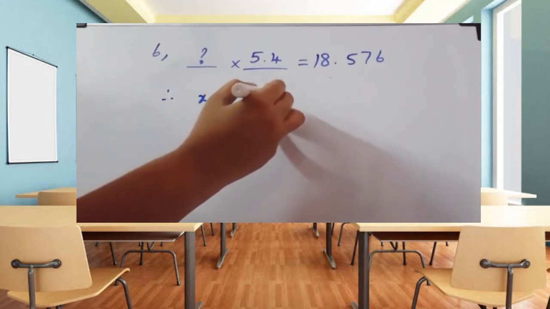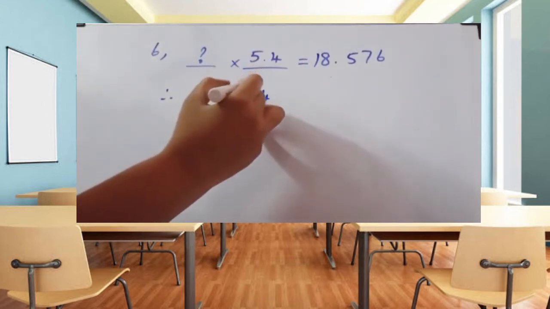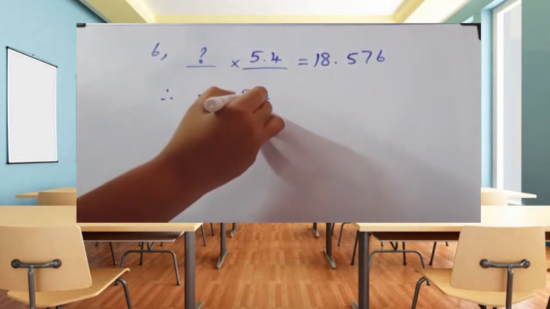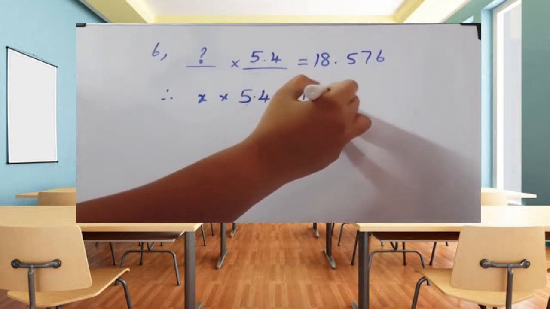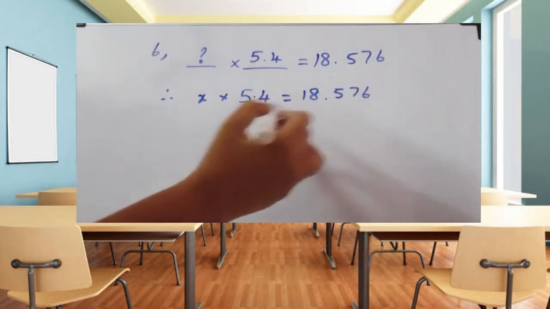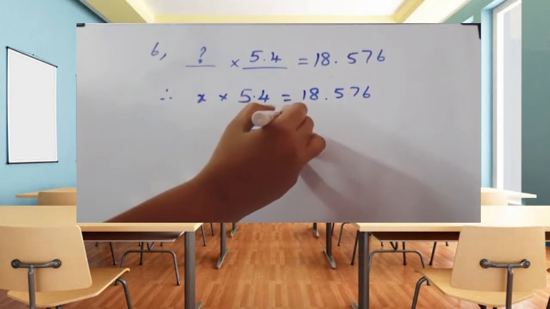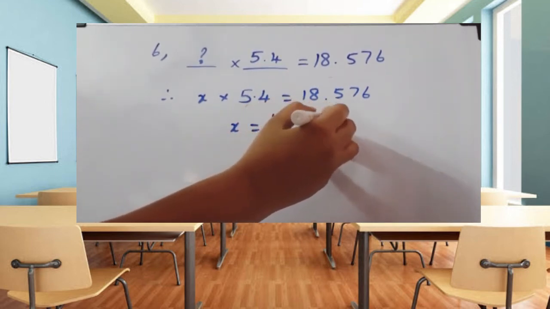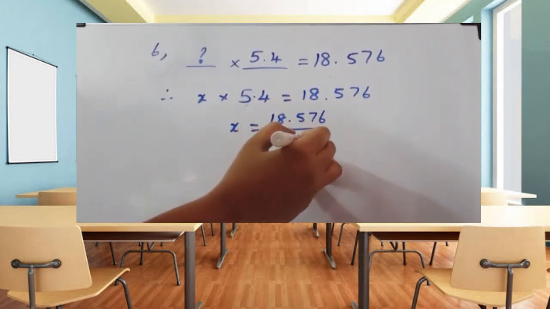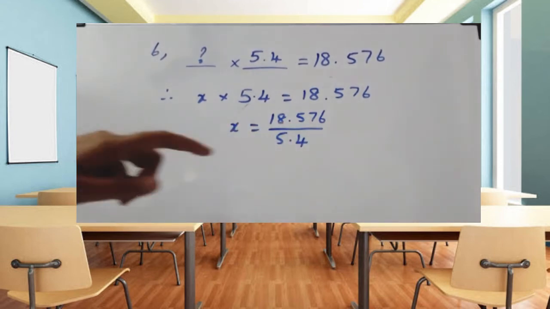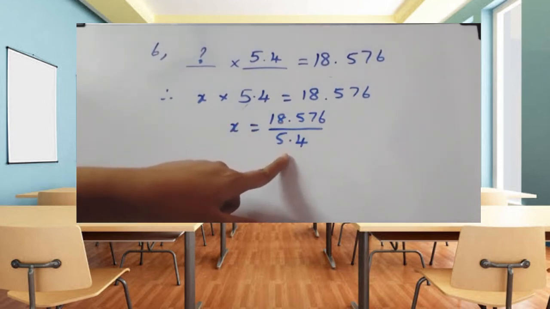Therefore x into 5.4 is equal to 18.576. So x is equal to 18.576 divided by 5.4. Since we have decimals in the denominator, we need to multiply by 10.